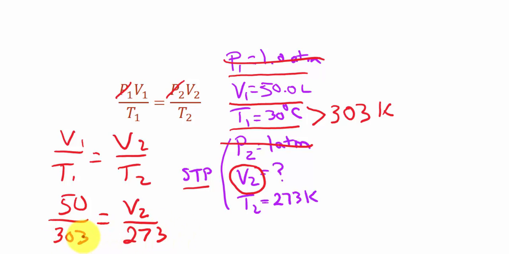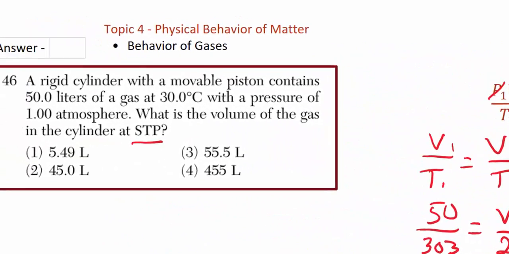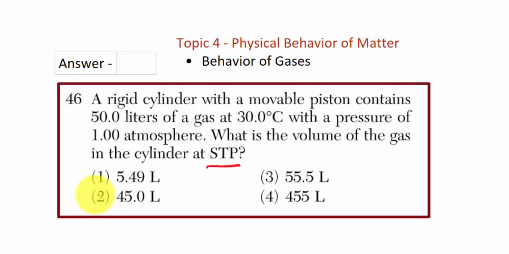Now you can see that these numbers aren't too far apart. So 50 over 303 is going to be equal to something a little bit less than 50 over 273. So let's take a look at our answers. You, of course, could calculate this with your calculator, but when you're done, you're going to get answer number 2, 45 liters. Answer 2, combined gas law problem.